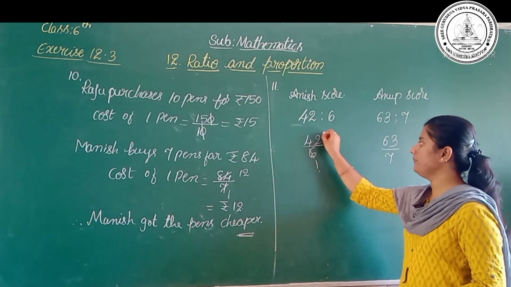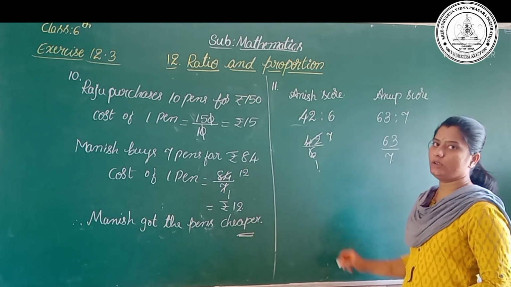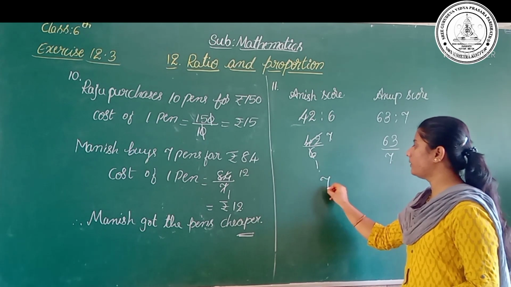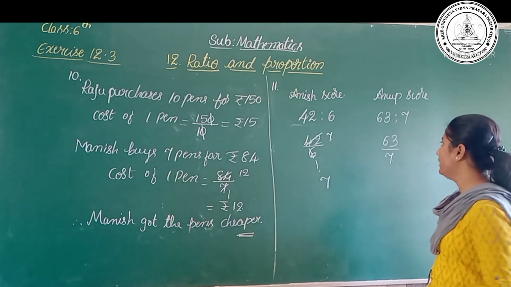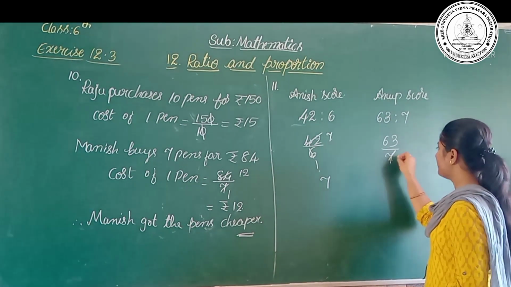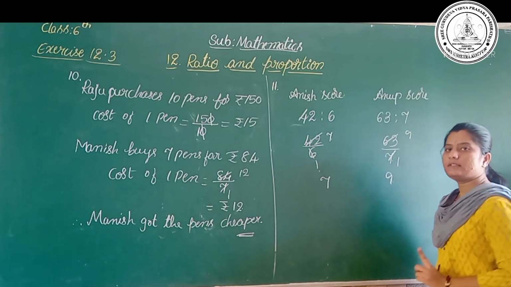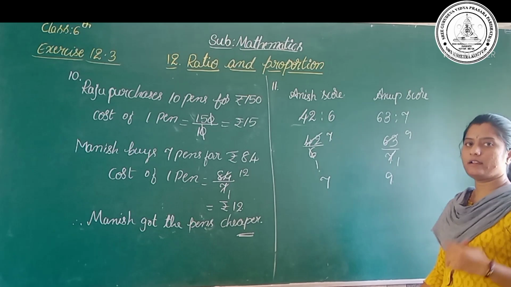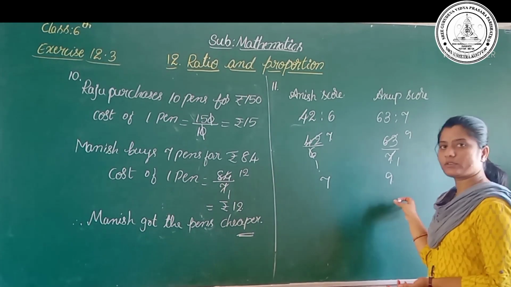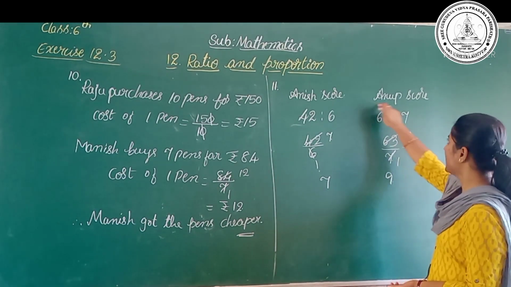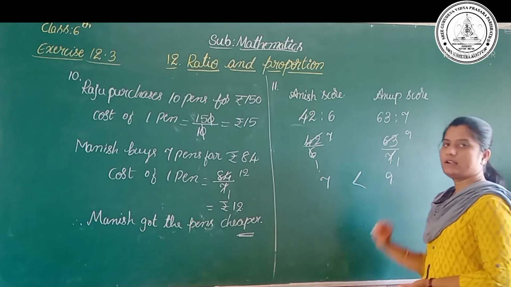So 6 7s are 42. So he scored 7 runs per over, and here Anup scores 7 9s are 63, so Anup scores 9 runs per over. Can you tell me who scored more runs? Yes, obviously Anup scored more runs.